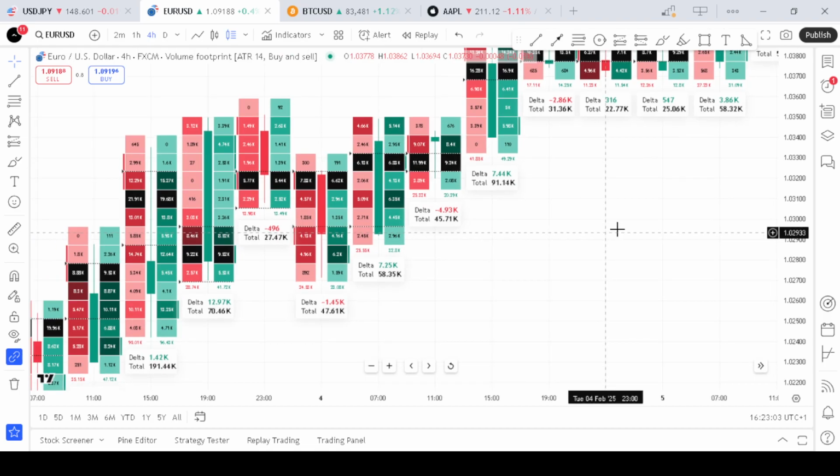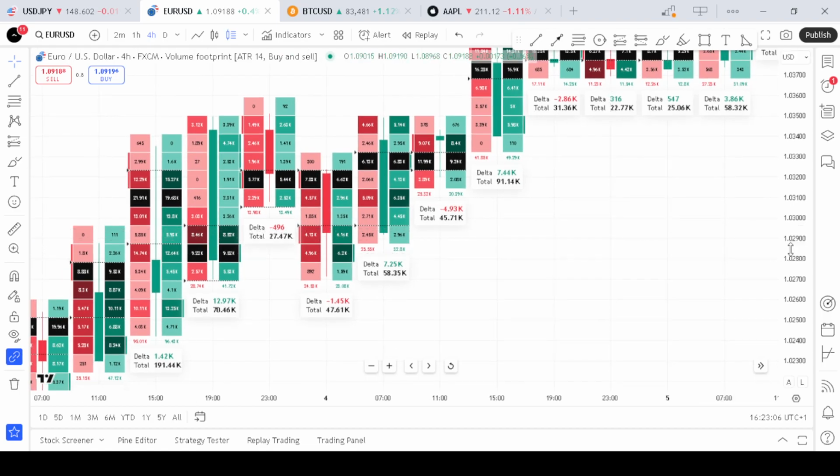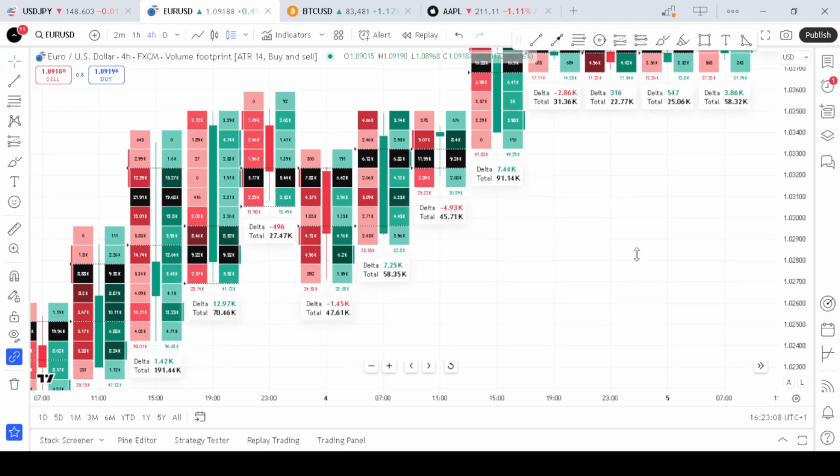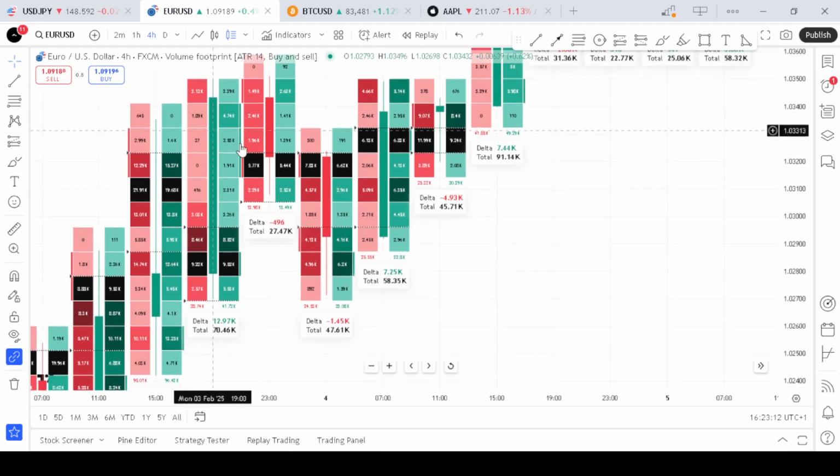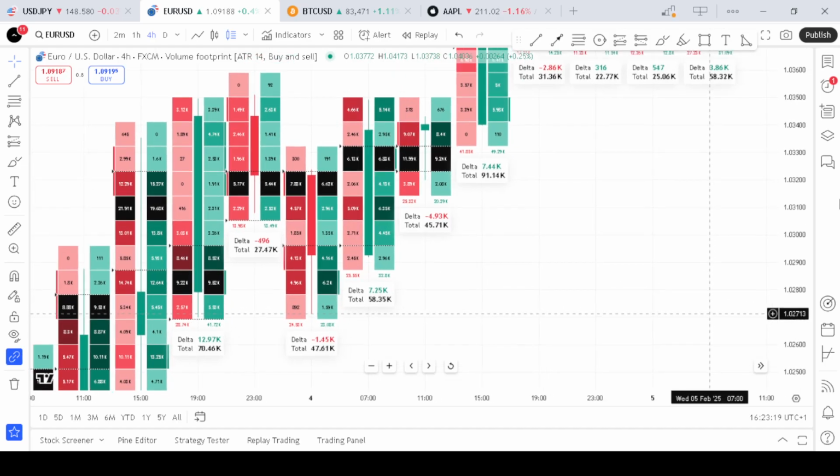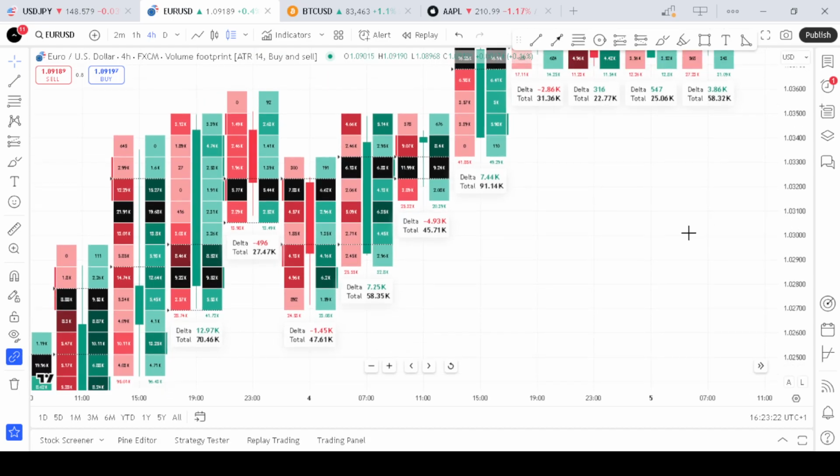It shows the specific price level within each candle, the volume distribution within each of the price levels in each candle. Unlike traditional volume indicators, this chart allows you to see exactly where buyers and sellers are active, helping you to identify key levels of liquidity and market sentiment on the chart.